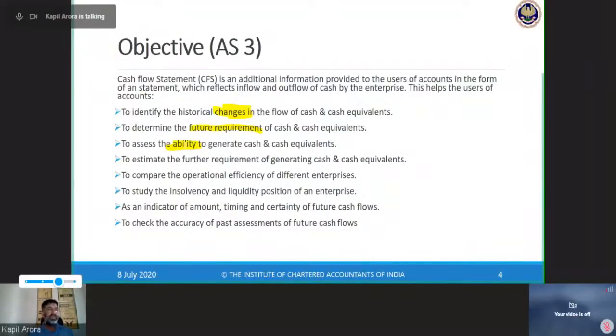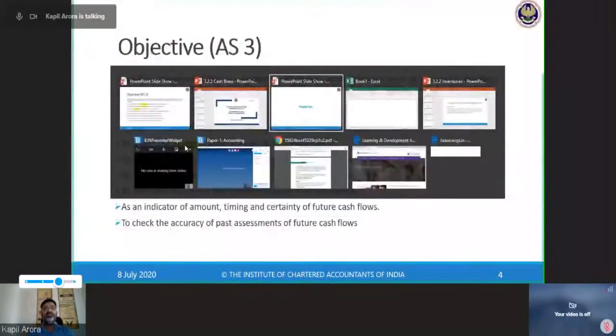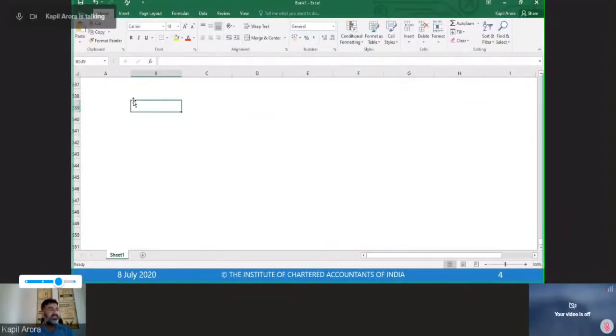Before I discuss all these points, let me just go to this. There are three types of activities under the cash flow statement, or I would say there are three ways where cash flows could be there.